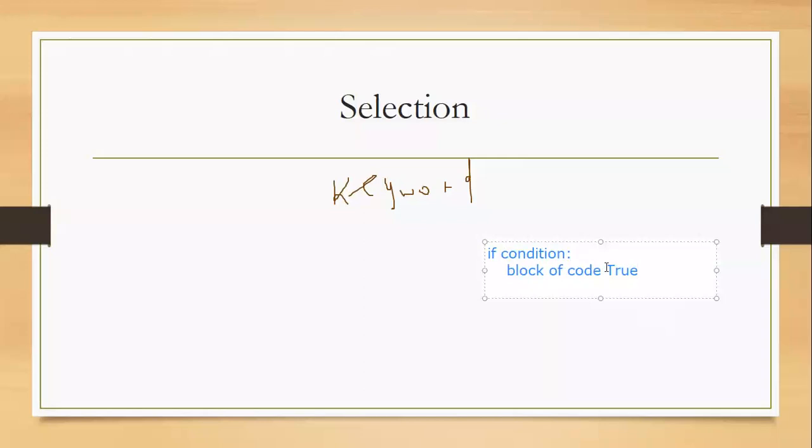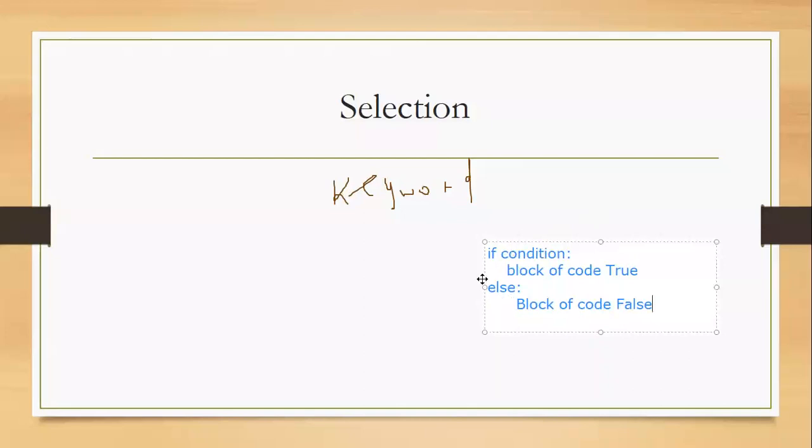If this condition is not true, then we put else if we want to perform another block of code, if false. So it is just one condition.